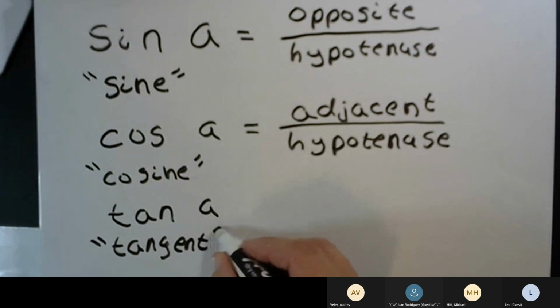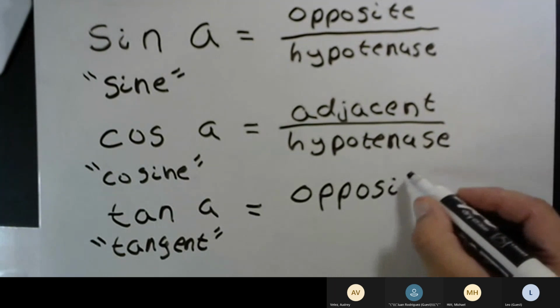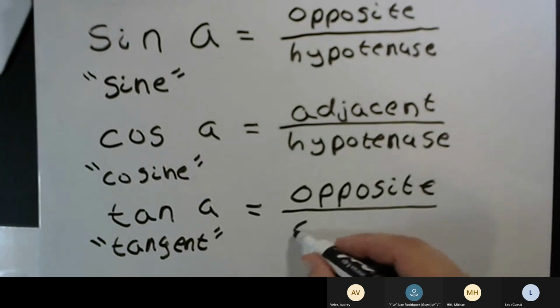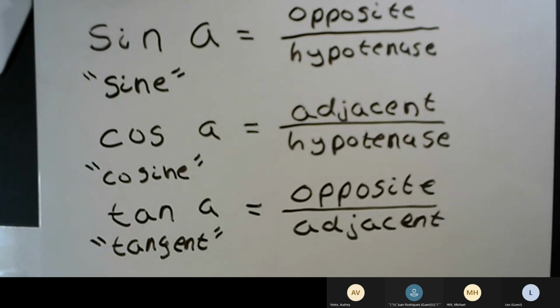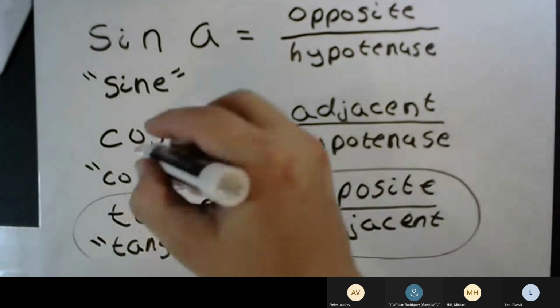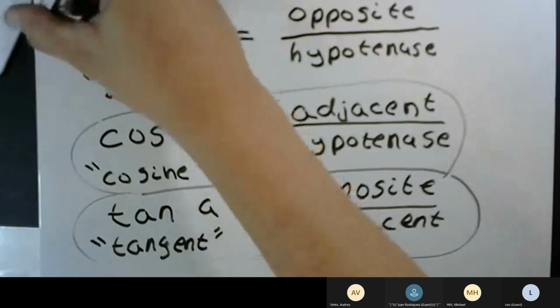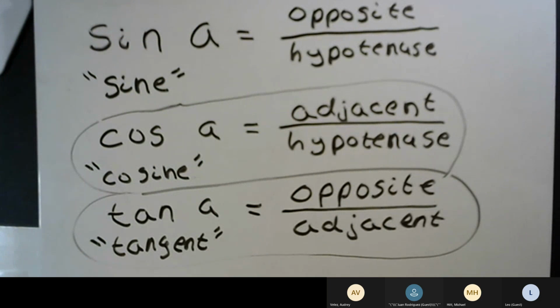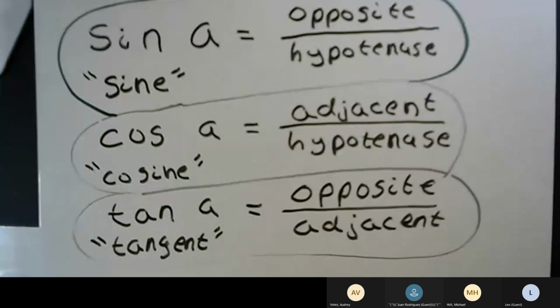What's called the tangent is the opposite over the adjacent. So these are the three main ratios for some angle A.